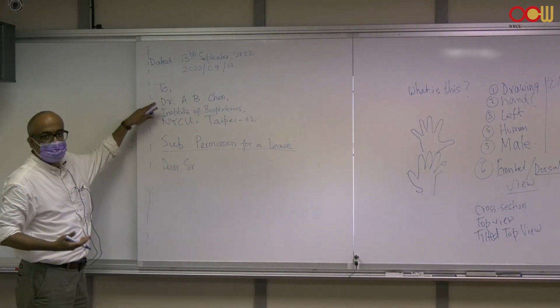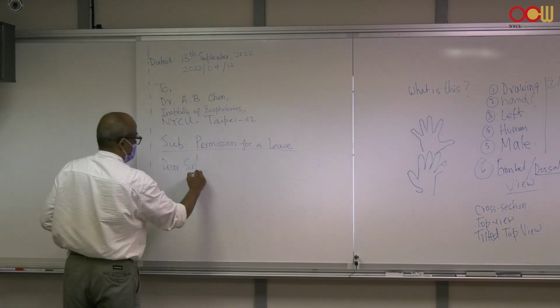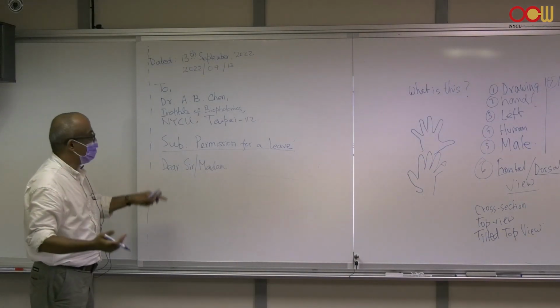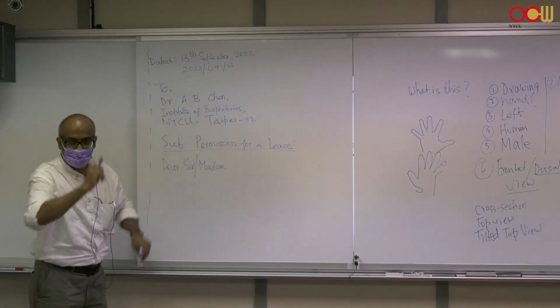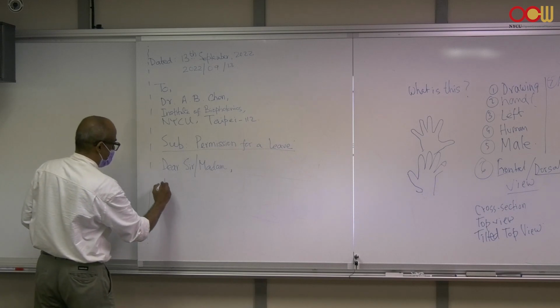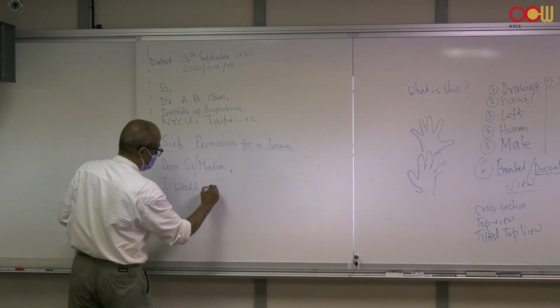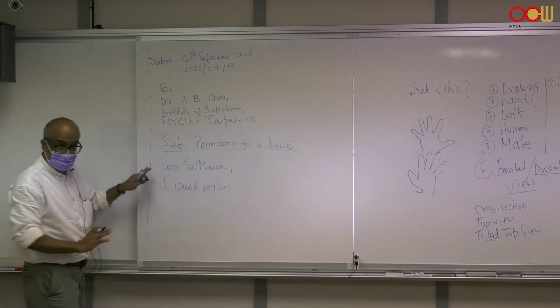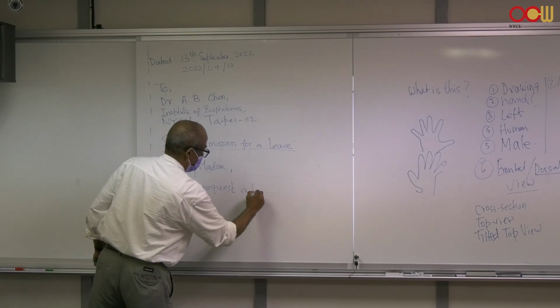If it's a male, you say Sir. If it's a lady, you say Madam. Whichever. If you know the name, you can write Dear Dr. Chen or Dear Dr. something. So this is called the body of the letter.